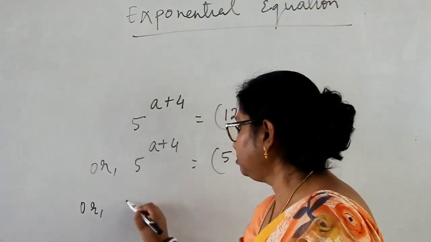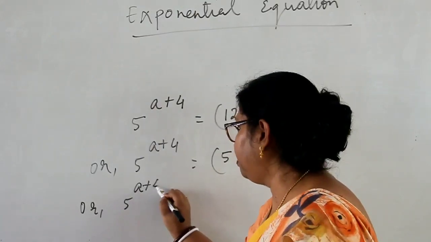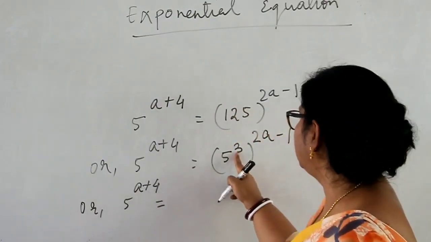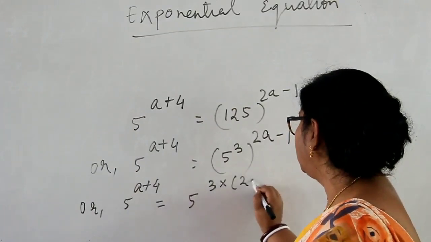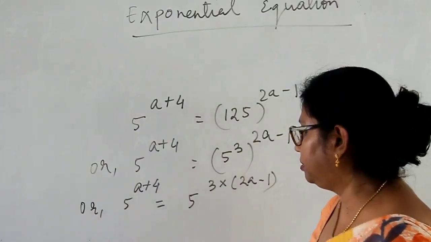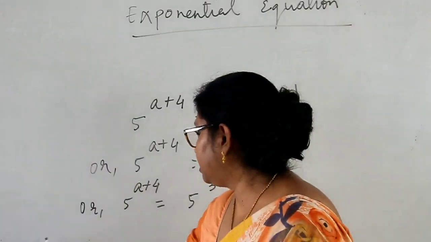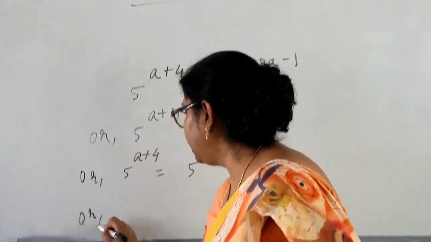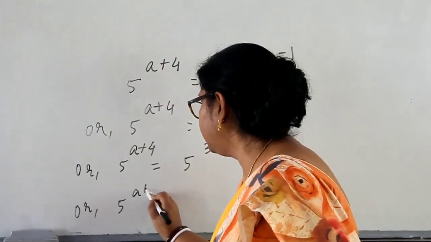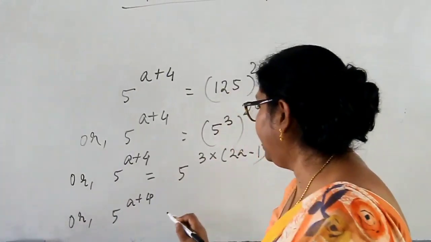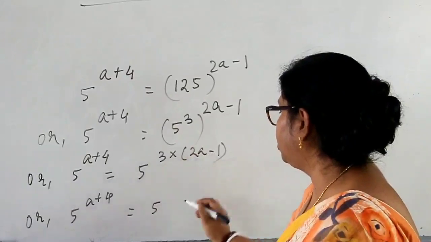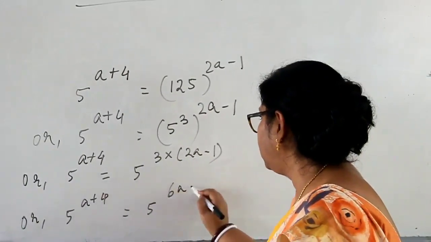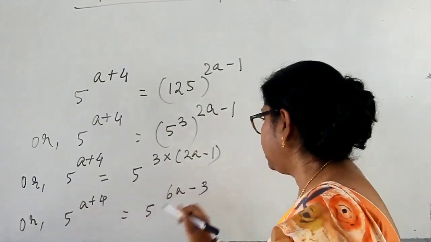Now 5 to the power a plus 4 is equal to 5 to the power 3 into 2a minus 1. This is going to be equal to 5 to the power a plus 4 is equal to 3 into 2a, that is 6a, 3 into minus 1, that is minus 3.